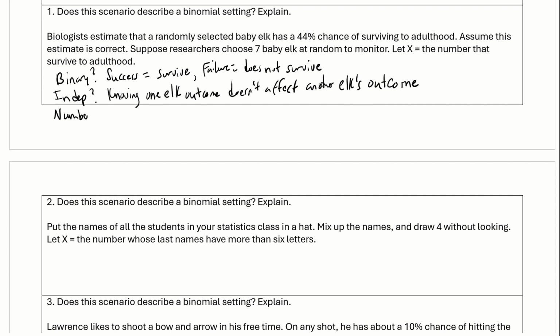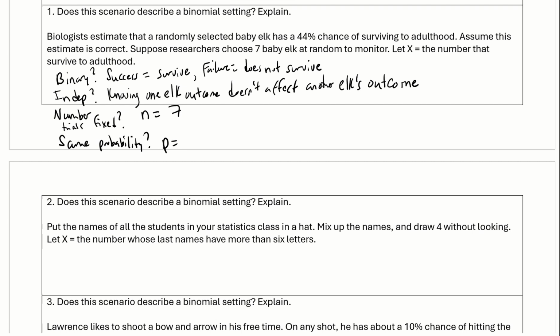Number of trials: is the number of trials fixed? In this case, yes, we have n equals 7. And last, do we have the same probability?